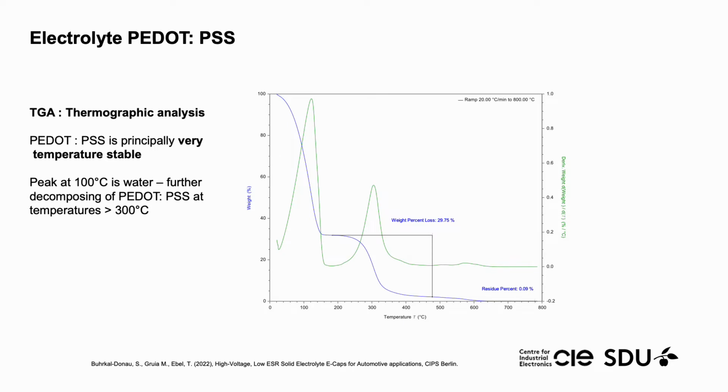This slide shows the thermographic analysis of a PEDOT:PSS sample. PEDOT:PSS is principally very temperature stable. It decomposes far over 300 degrees and is a good candidate for high temperature aluminium electrolytic capacitors.